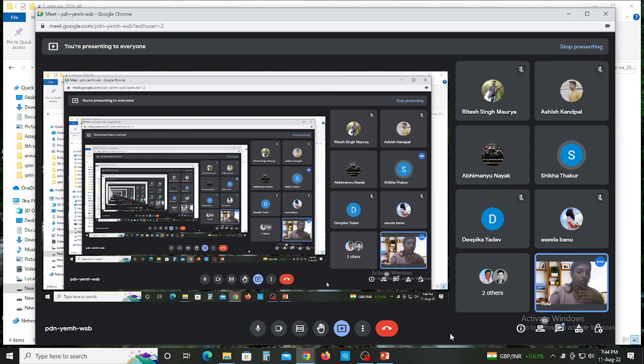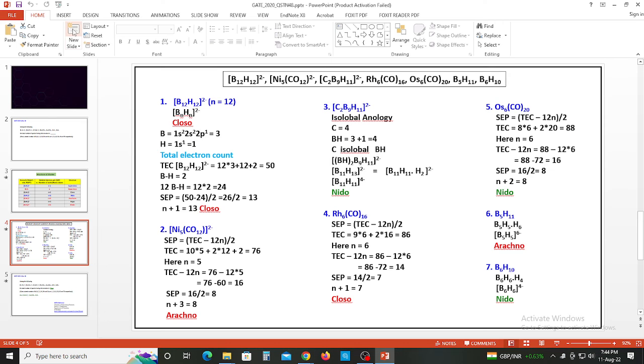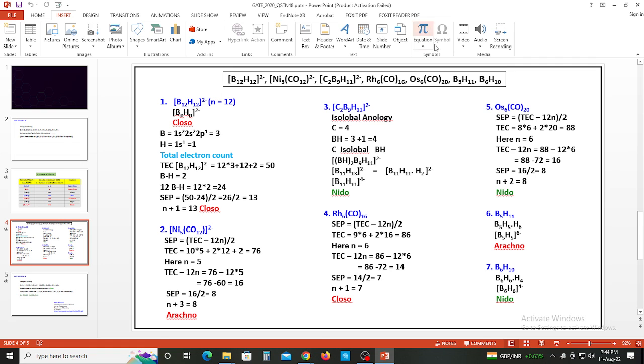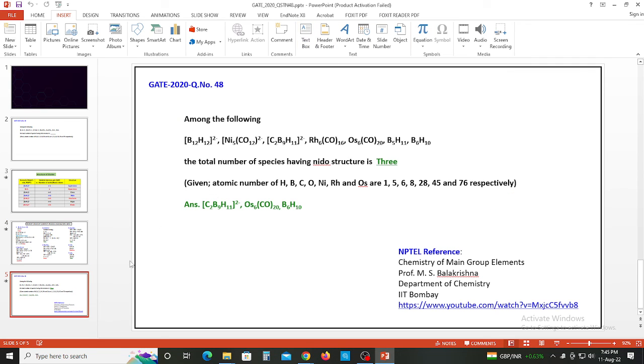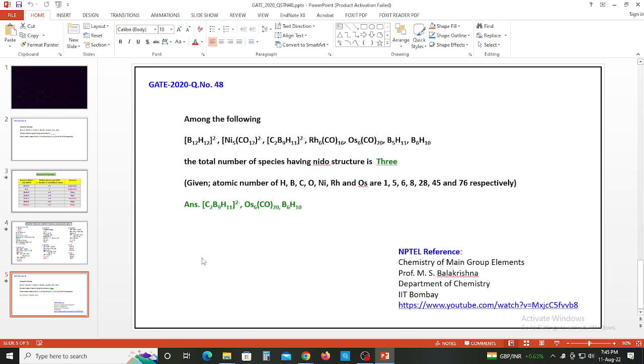My mail ID is 19CHPH14 at uohyd.ac.in. It's clear, no? Yes, ma'am. You note it down. For any further doubt, you can ask me.